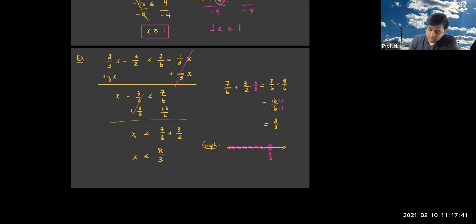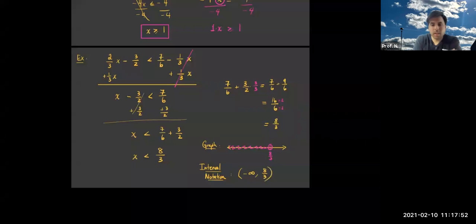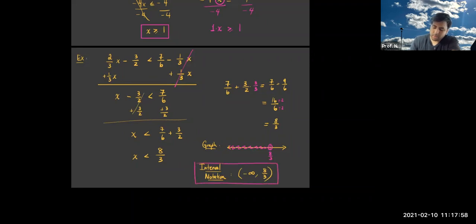And then the interval notation will be everything from -infinity all the way to 8/3, excluding 8/3. And that would be my final solution here. All right.